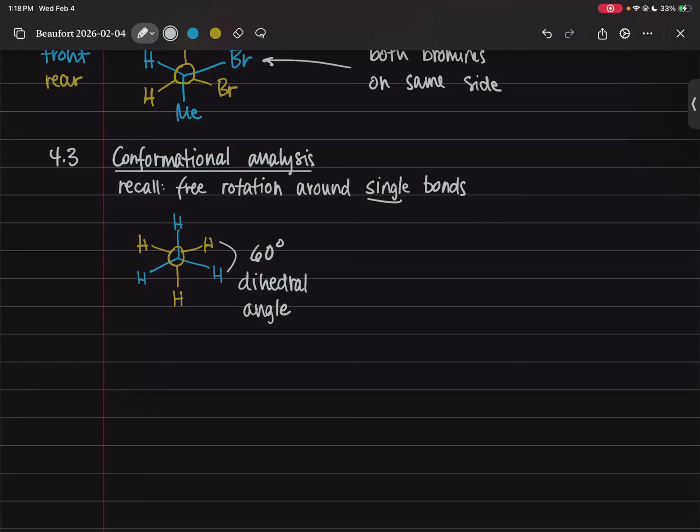And this pattern where we've got alternating blue and yellow as we go around in a circle, where they are staggered, is called staggered conformation.